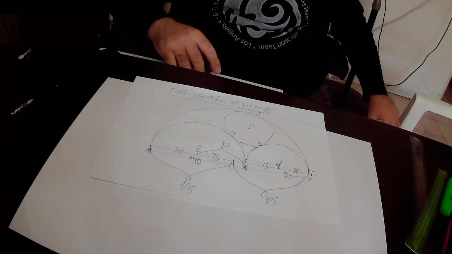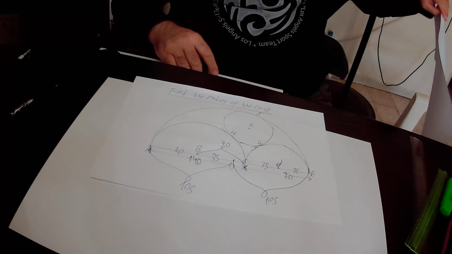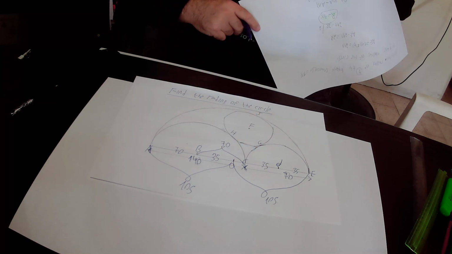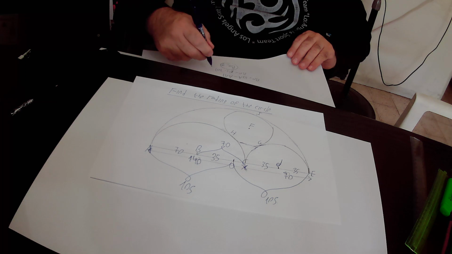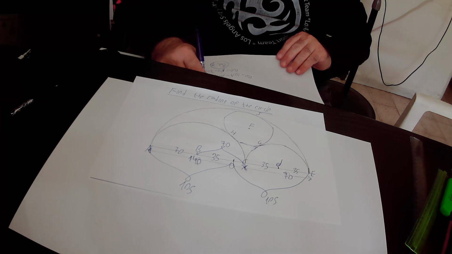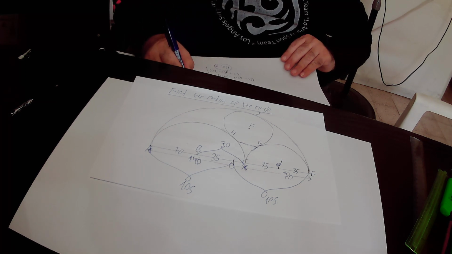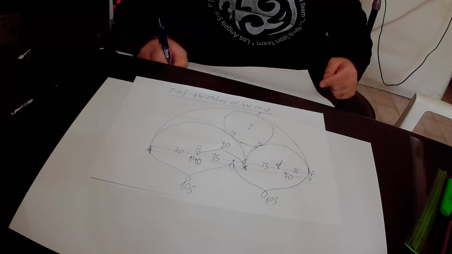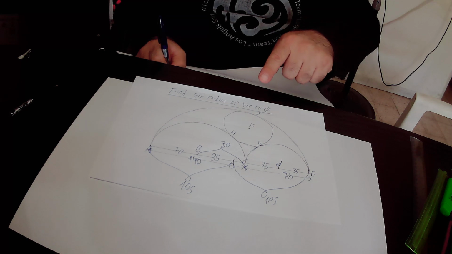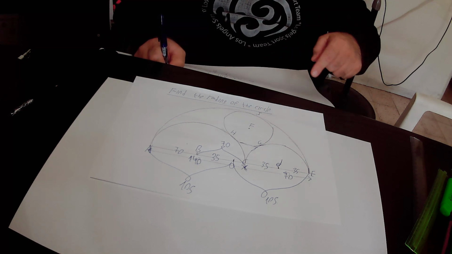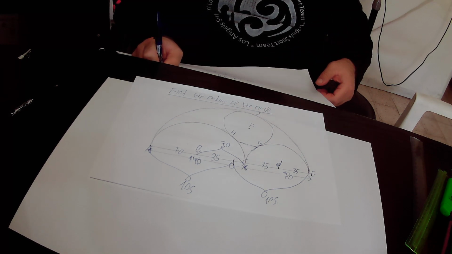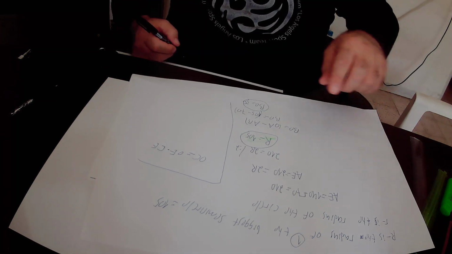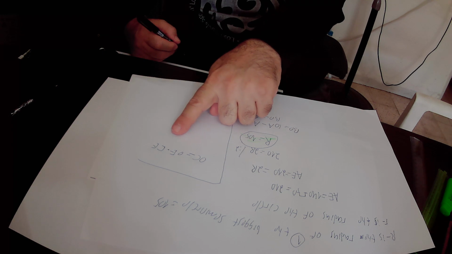I'll write it down. The length of this line segment OC is equal to OE minus CE. Repeat again: the length of line segment OC equals OE minus CE.